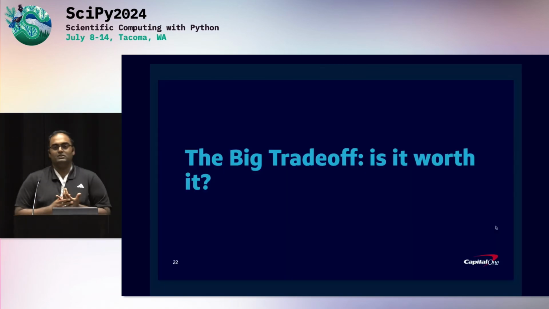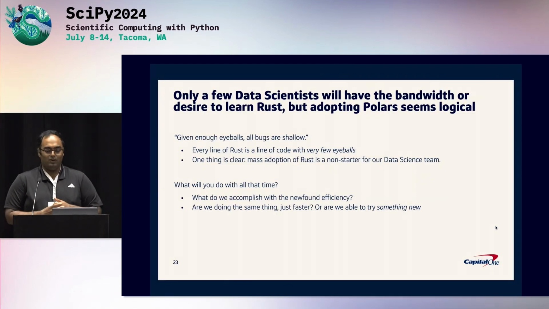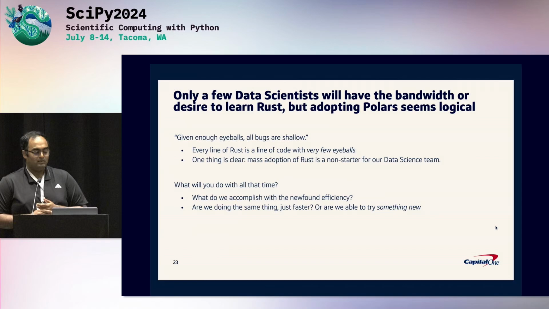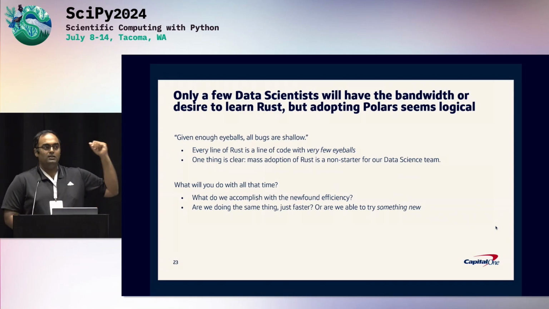But this is the big question, right? Is it worth it? Linus's law says, given enough eyeballs, all bugs are shallow. Every single line of Rust that I write or that one of my tooling colleagues writes is a line with very few eyeballs. If I were to go back to work tomorrow and try to deploy this, there's no one on my team that can help me debug it.